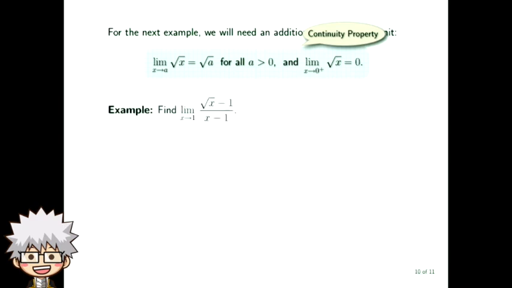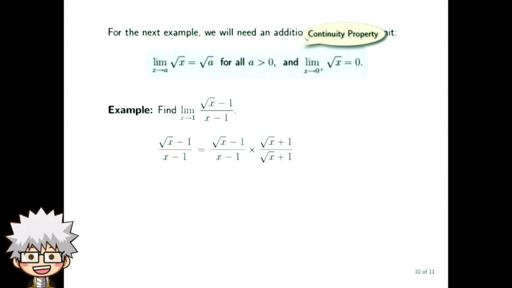Example. Let's find the limit as x approaches 1 of (√x - 1)/(x - 1), observing first that as x approaches 1, the numerator and denominator both approach 0. The algebra that we need to do here involves rationalizing the numerator. We'll multiply the numerator and denominator by √x + 1.